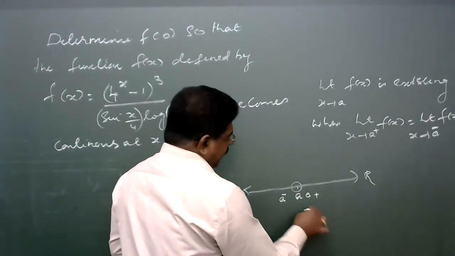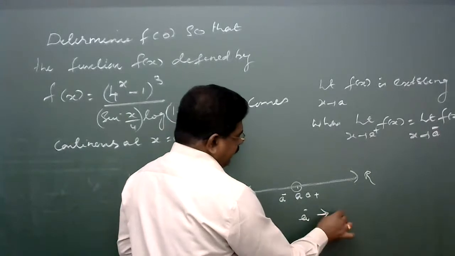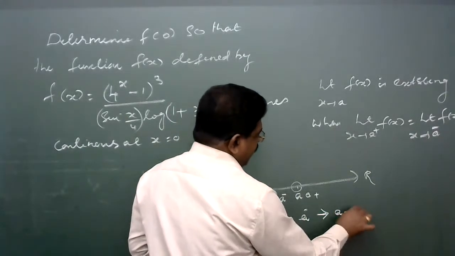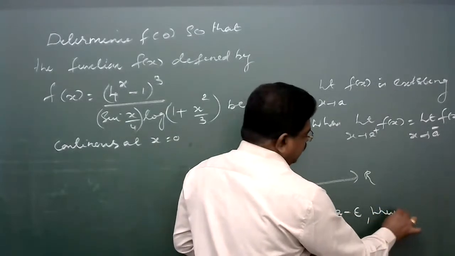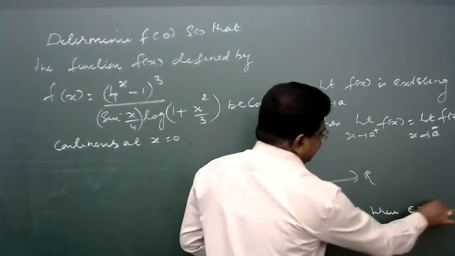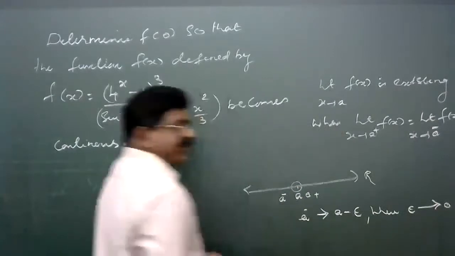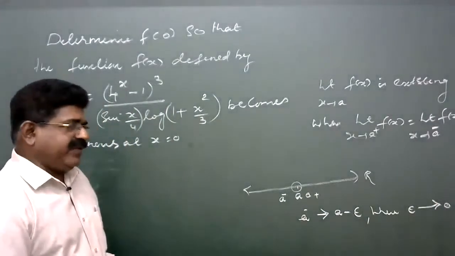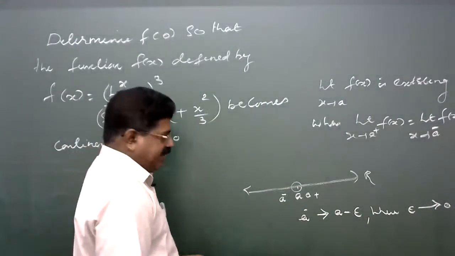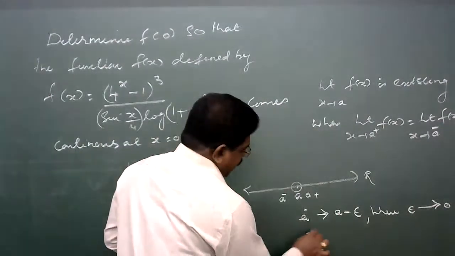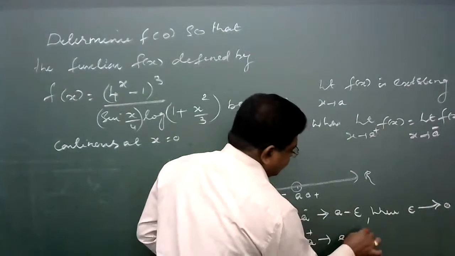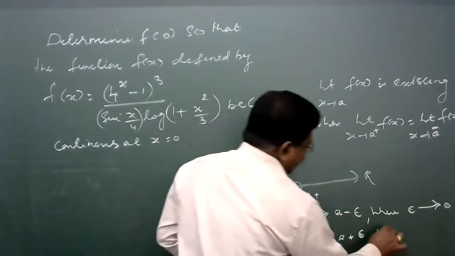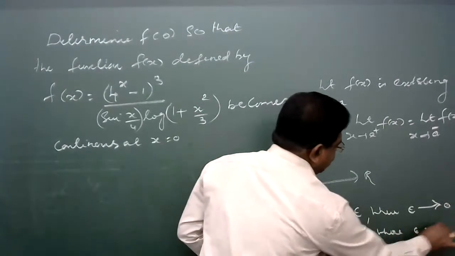The a minus implies a minus epsilon. What is this epsilon? The epsilon is tending towards 0. Very small quantity. And the a plus implies a plus epsilon, where the epsilon tends to 0.